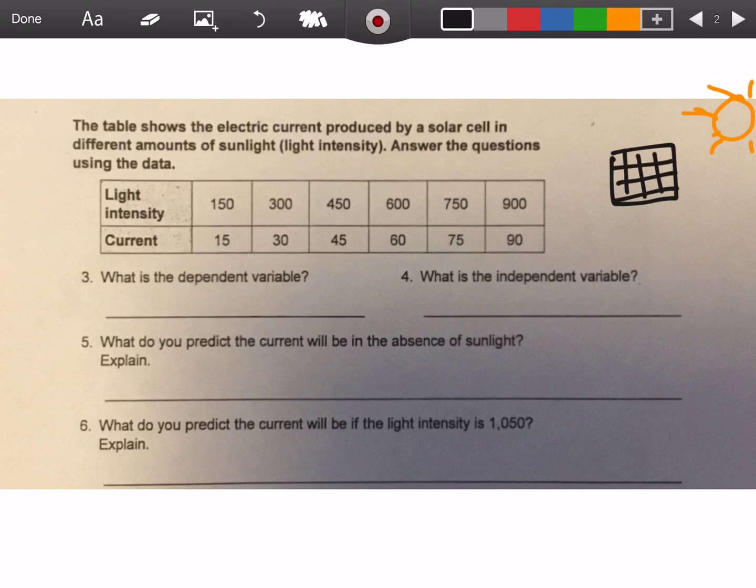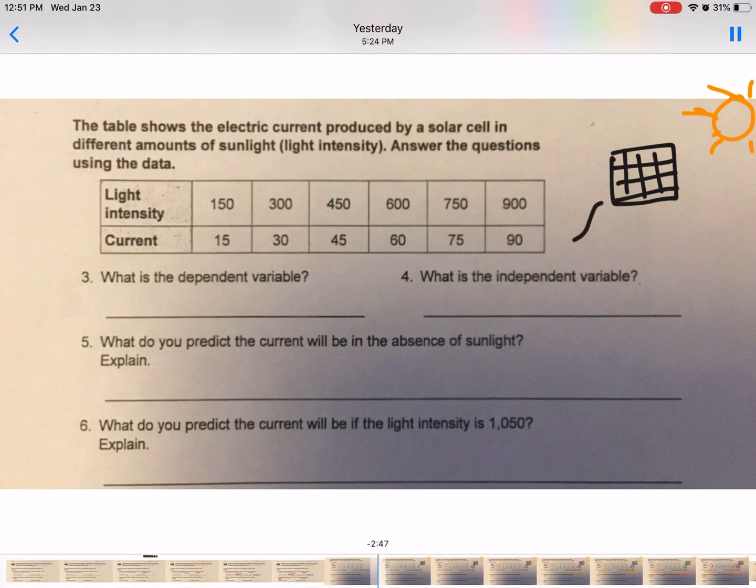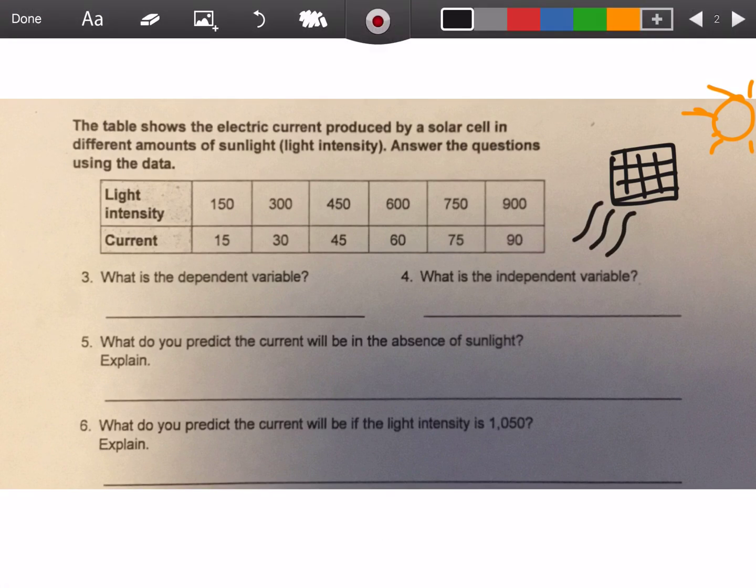All right, and that solar panel then produces a current of electricity, okay? So if you notice here, if our light intensity, so if our sunlight is 150, then we have a current of 15, okay? As we increase our light intensity, you'll see our current also increases, which makes sense. More sunlight means more current, okay?